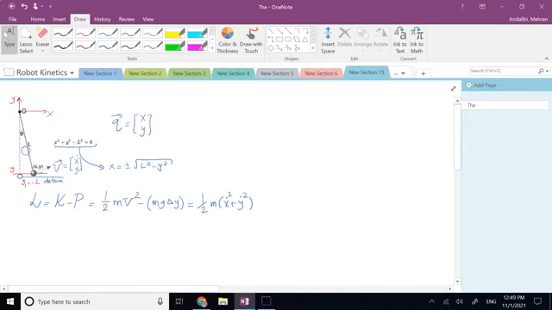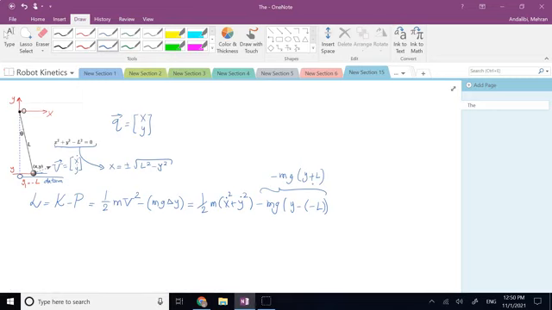So this mg delta y is going to be y2 minus y1, which is basically y plus L. So that's my Lagrangian. Now what?